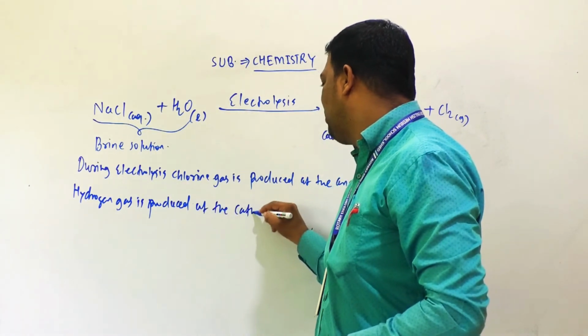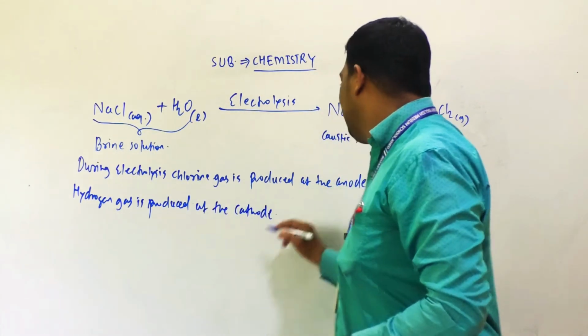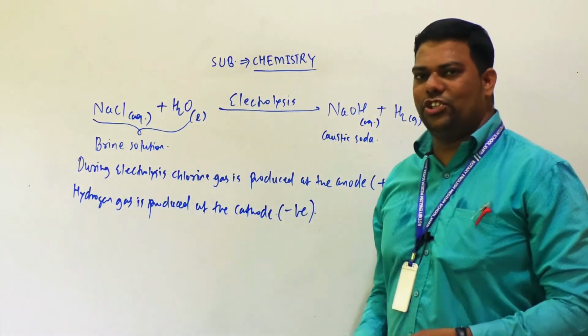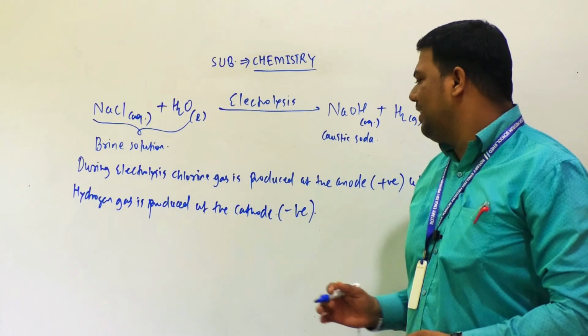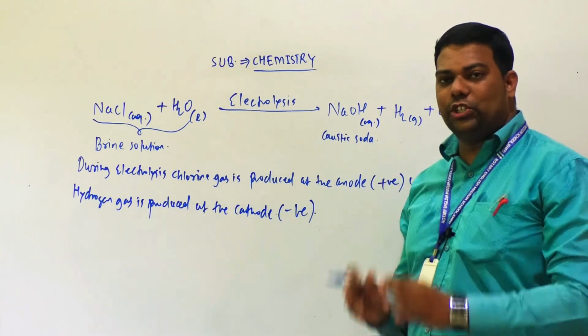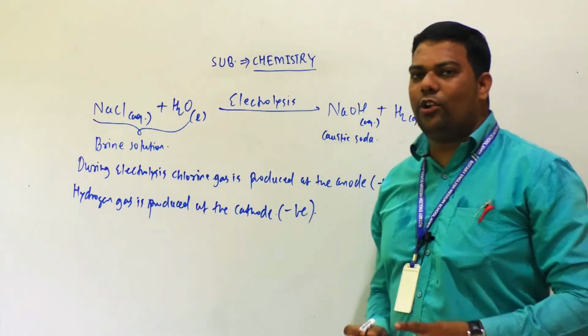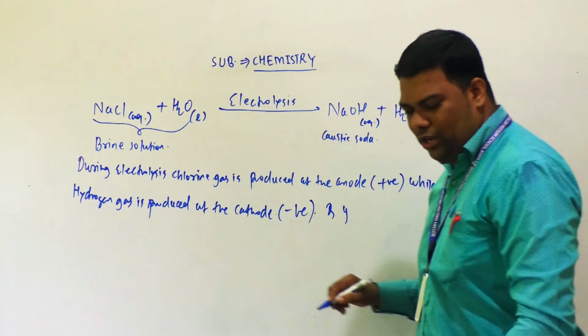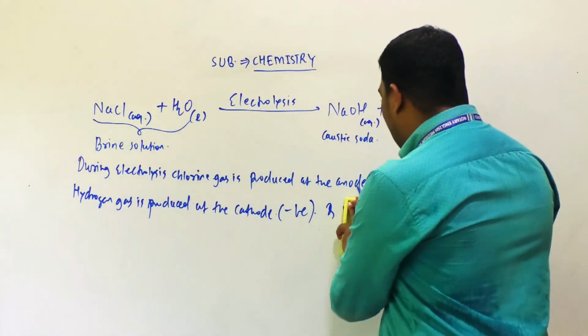At the cathode. So beta, cathode is what? Yes, negatively charged. As you know, hydrogen is plus, so it will be attracted to your cathode, that is negatively charged. Understood? And very important, add sodium hydroxide solution.